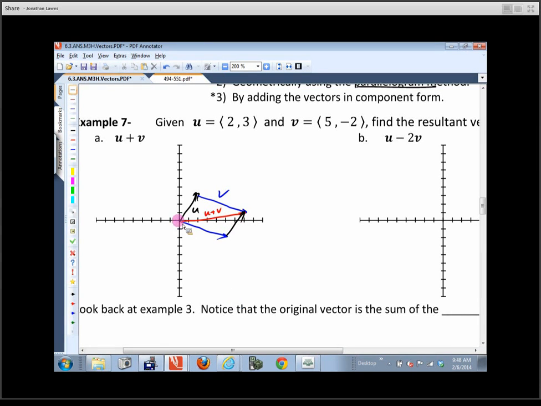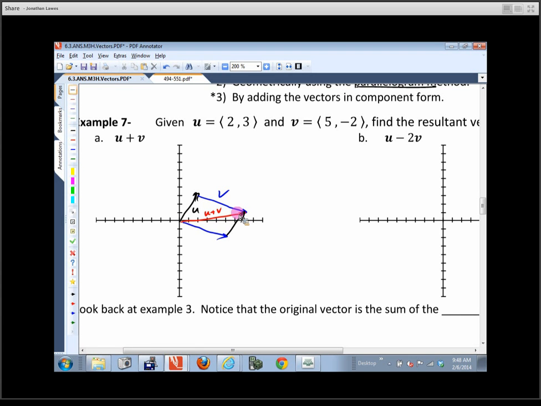So you'll notice the tails start right here and the tips end right here. If I use a parallelogram, the resultant is the diagonal that goes from the tail of both of them to the tip of both of them. Okay? So geometrically, you can represent it that way also. I kind of like the tail to tip method because I don't have to draw as much. Okay? And the last method is to just do it using components.